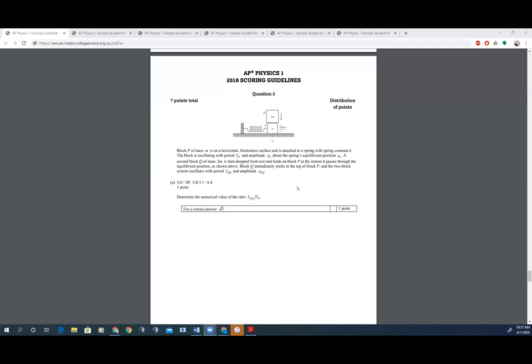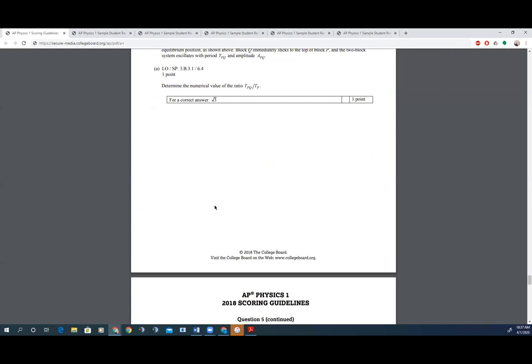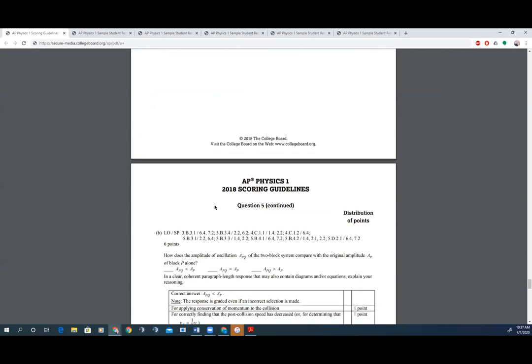So, continuing that thought, I wanted to show you how we can look at the way an AP grader would look at this question and some of the things they'd look for. So here on my other screen, you now see the same question that we just looked at. And for this first question, they simply give you, for a correct answer, 1 point.